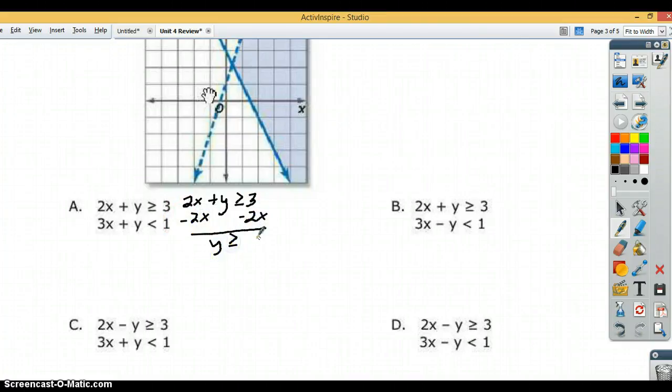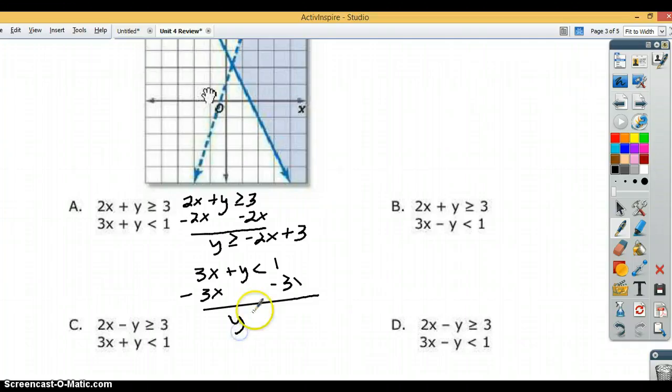Gives us y is greater than or equal to negative 2x plus 3. Then we have 3x plus y is less than 1. So we subtract 3x from both sides, and we get y is less than negative 3x plus 1.